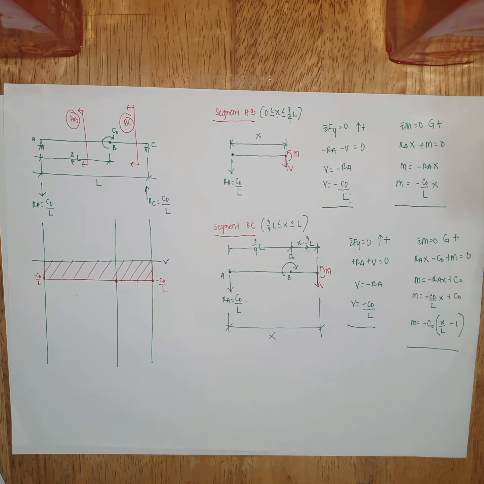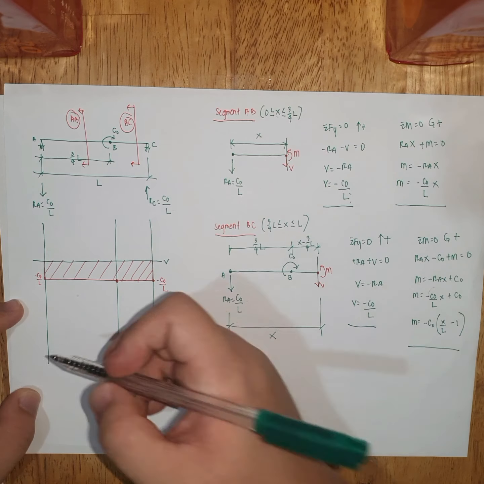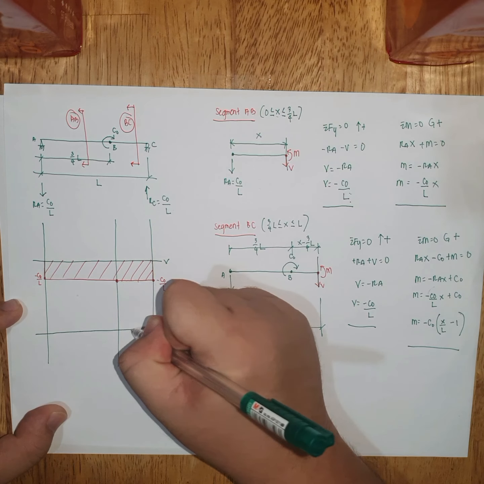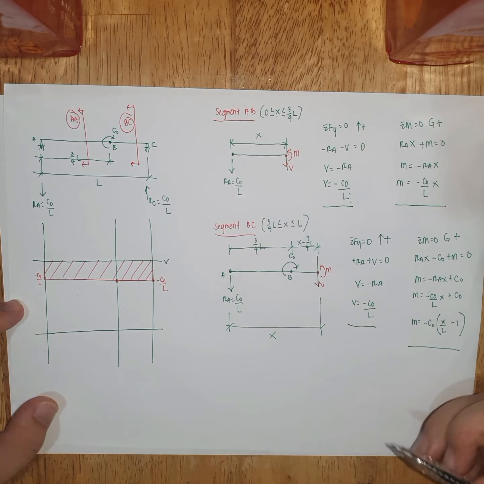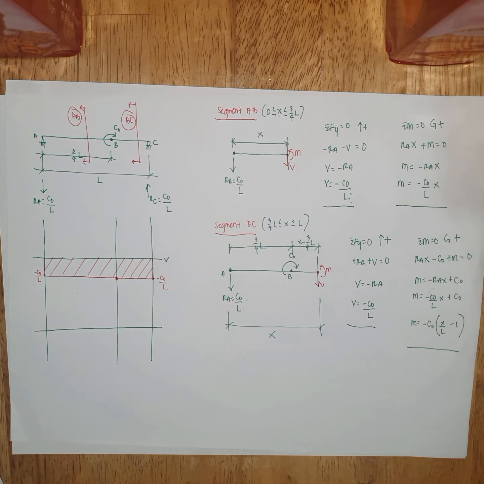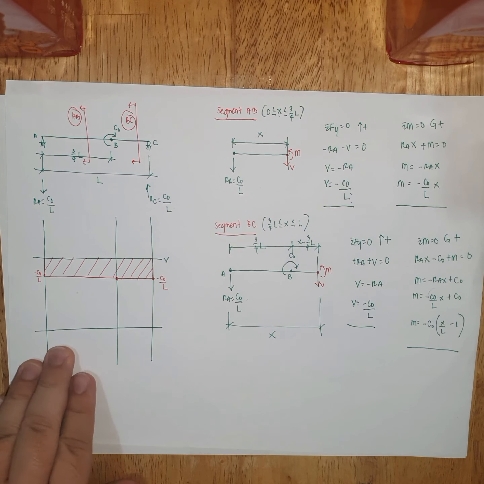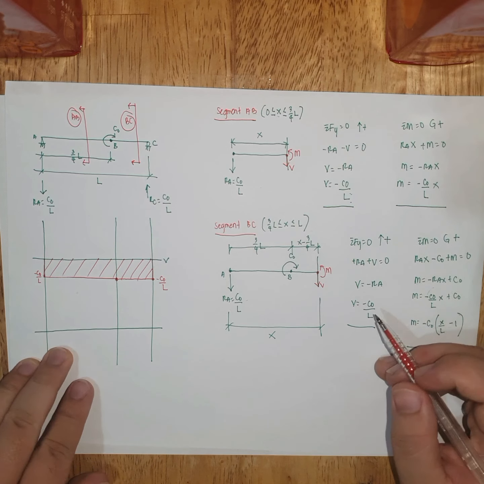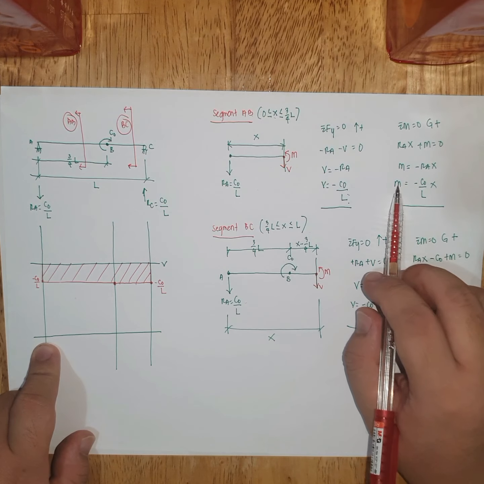Okay, next is yung moment diagram. So sa moment, okay, since wala tayong value, try natin isulat by segment, no? Okay, so from dito, so segment AB tayo, ito yung gagawin natin.